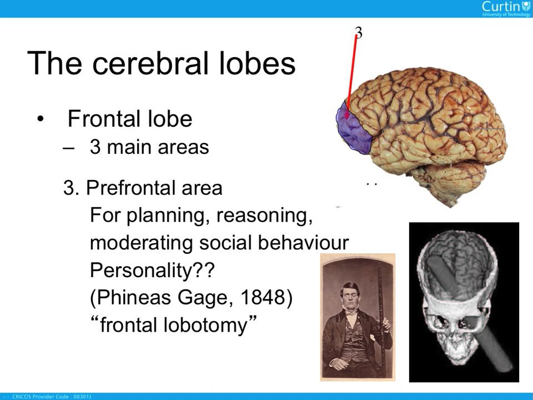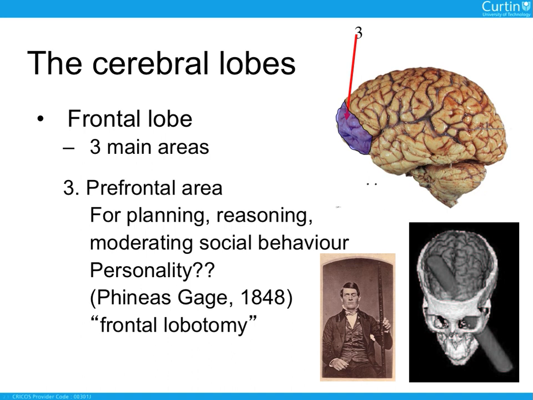The other part, prefrontal area: planning, reasoning, social behaviour, possibly the seat of personality within the brain. The first idea we had about the prefrontal area being responsible for personality came from a man called Phineas Gage.